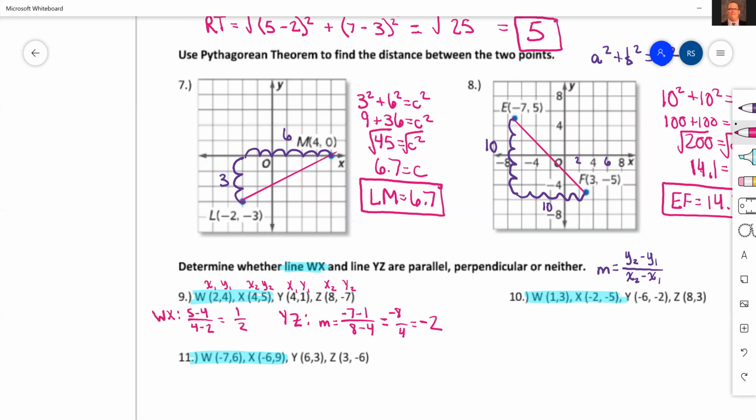Okay, so what do we know then about our slopes? One is 1/2. The other is negative 2. And in case you can't remember, parallel means they have the same slope. Perpendicular means they're opposite reciprocals.